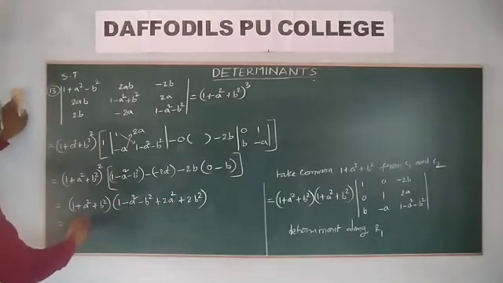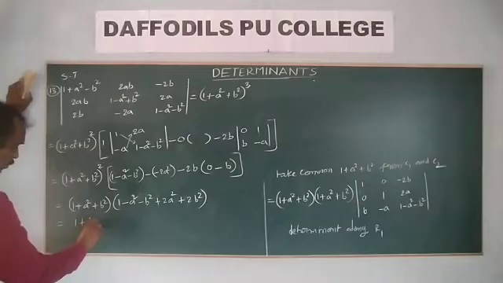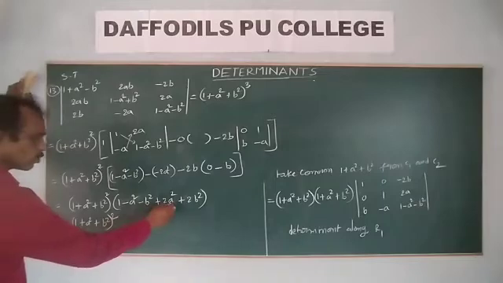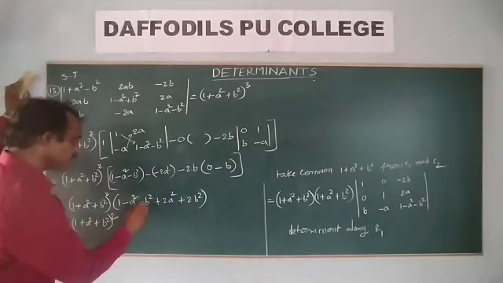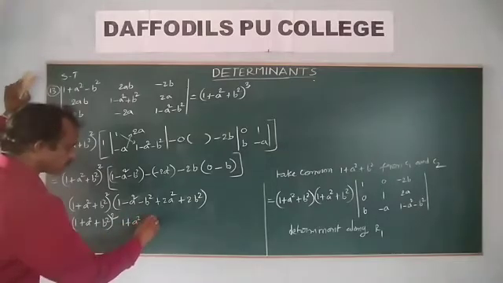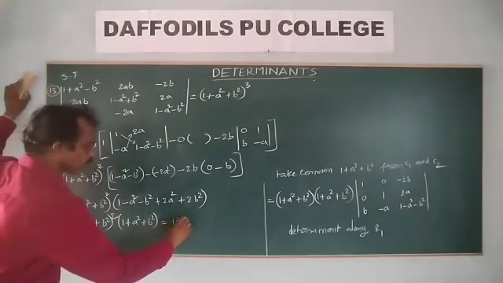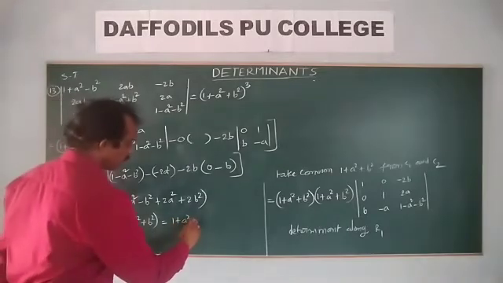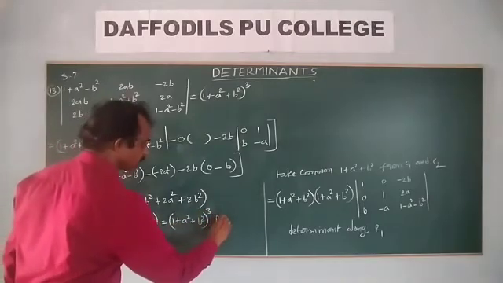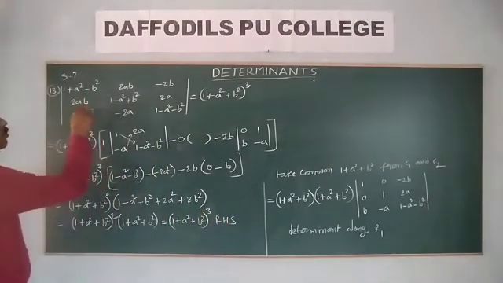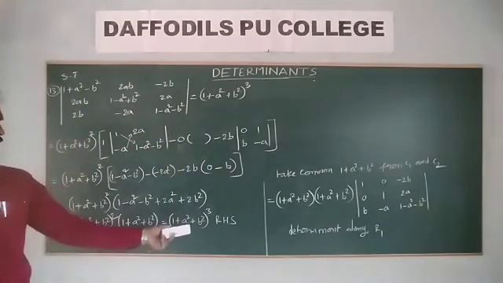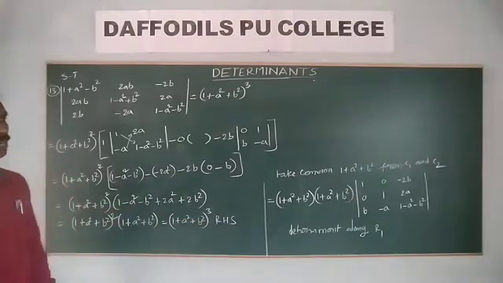The remaining term is 1 plus A square plus B square whole square: 2A square minus A square plus A square, 2B square minus B square plus B square, that implies 1 plus A square plus B square. So finally this value is equal to 1 plus A square plus B square whole cube. This is the RHS.